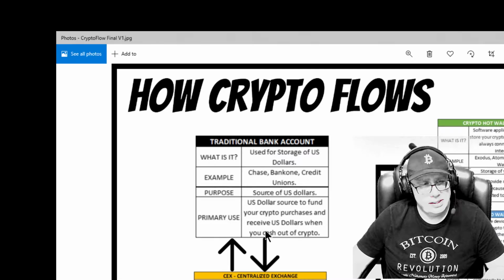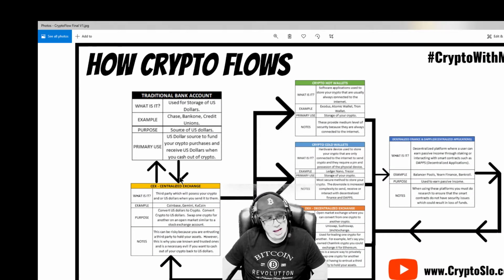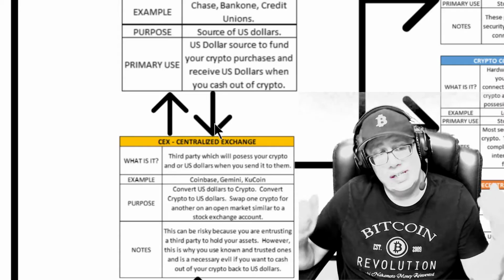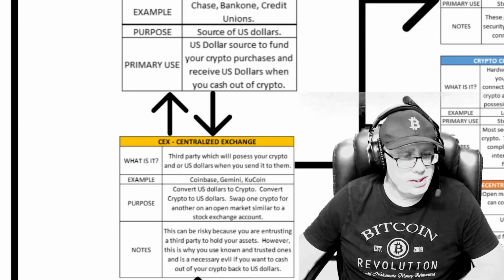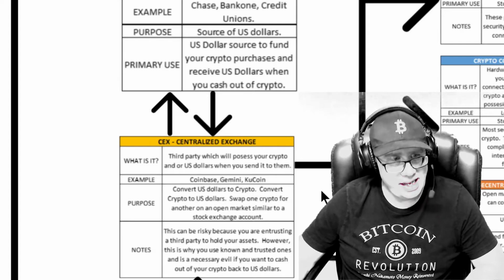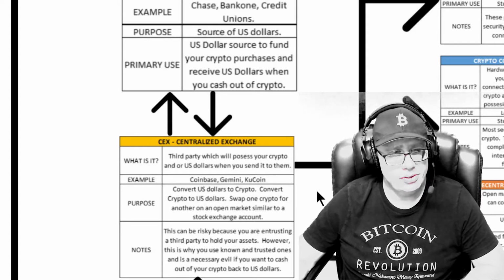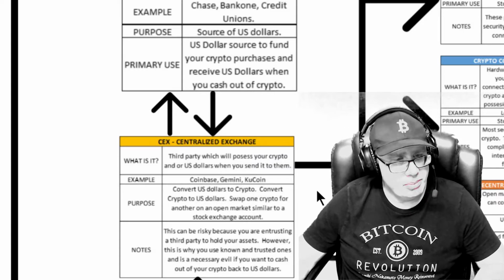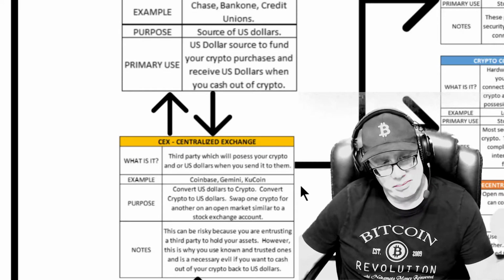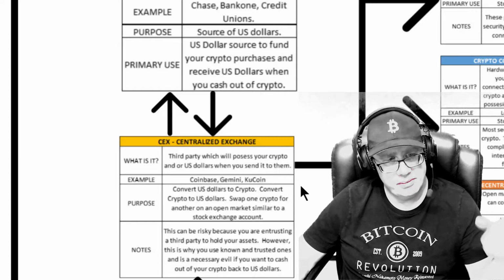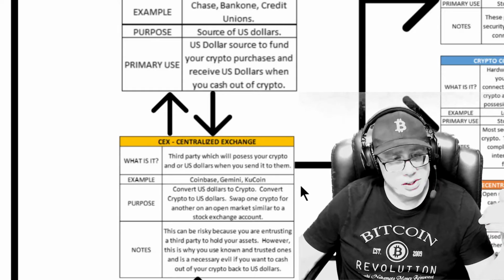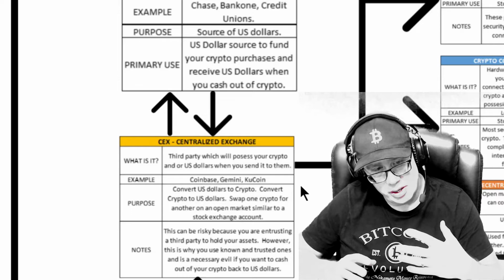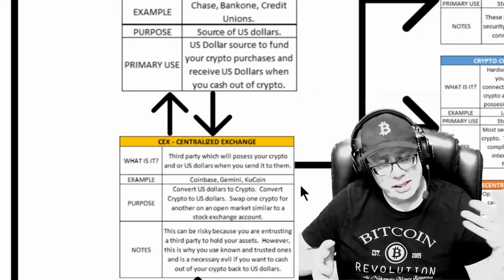Next, as the arrow flows down, we have what is known as the centralized exchange, or CEX. What is it? This is a third party which will possess your crypto and or US dollars when you send it to them. Examples would be Coinbase, Gemini, KuCoin, Binance, Binance US. Purpose: convert US dollars to crypto, convert crypto to US dollars, and swap one crypto for another on an open market similar to a stock exchange.